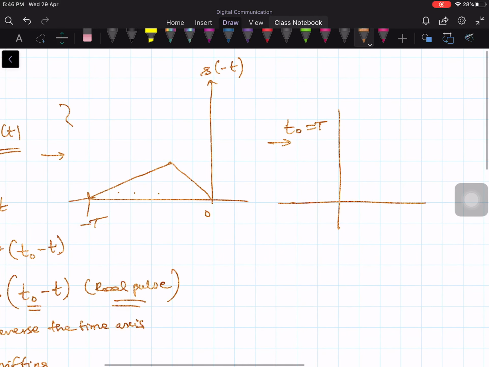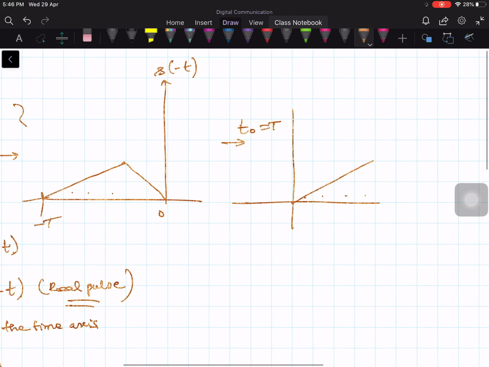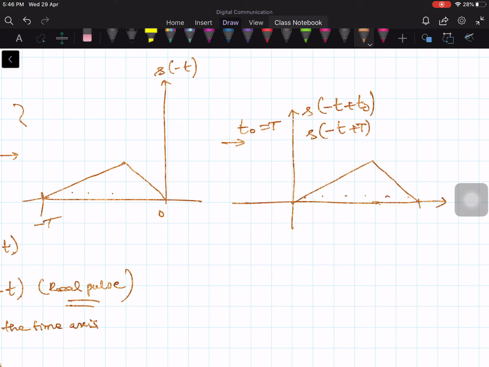This is 1 2 3 4, then the height is 2, so it goes like this. So this is your S of minus t plus t naught, that is S of minus t plus capital T. This is the impulse response of the filter g of t.